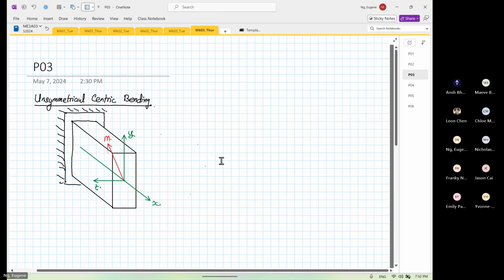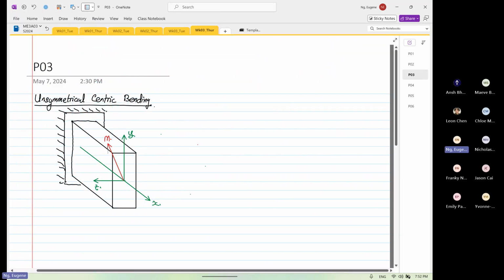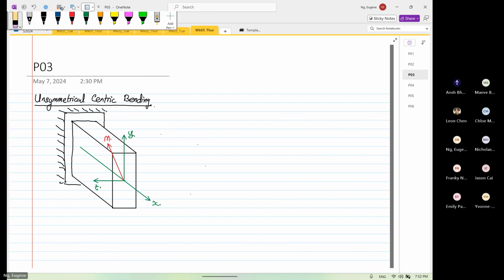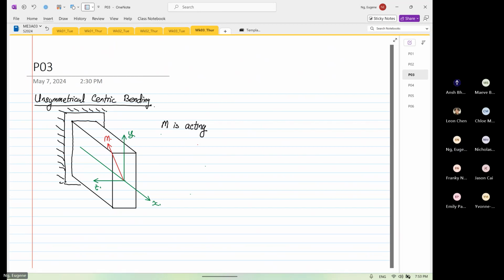So the applied moment only has two vectors. Let me write this down. The applied moment, M, is acting on the YZ plane only. The YZ plane is this plane over here.